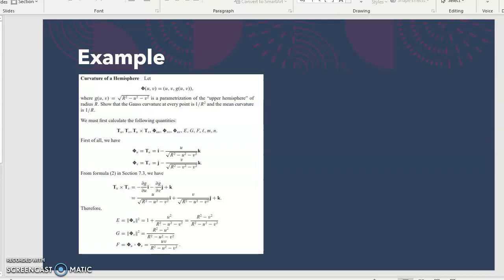Show the Gauss curvature at every point is 1/r squared and the mean curvature is 1/r.